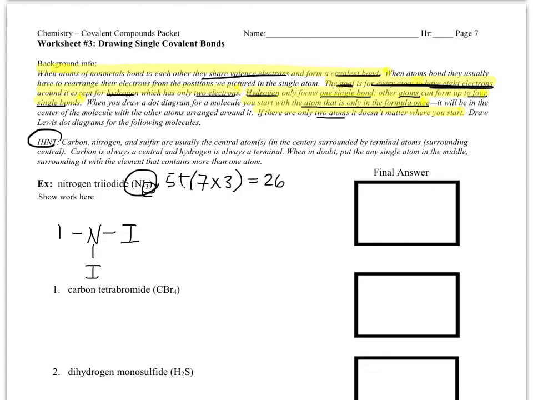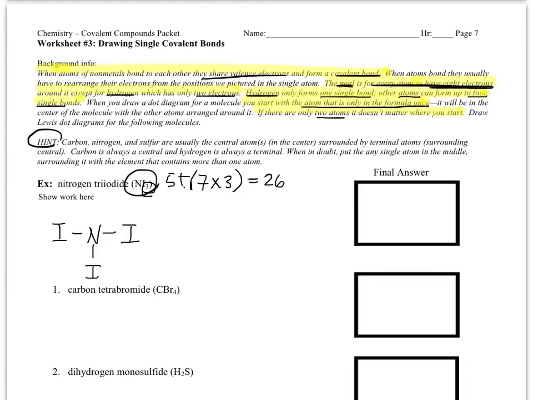Now, what does this line represent? This line represents a shared pair of valence electrons. So these are 2 electrons, one that originally belonged to nitrogen, one that originally belonged to iodine, and nitrogen and iodine have agreed to share them. So now both of the electrons belong to nitrogen, but both of the electrons also belong to iodine, and they sit right in between the 2 atoms.